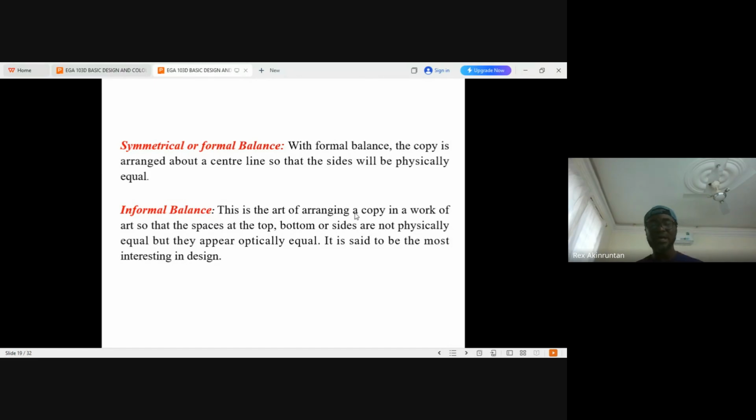But in a situation where, on the same jacket, one side is red and the other side is white, when you look at these two colors from a visual point, not in terms of physical points where you hold or touch, you notice that red constitutes more weight than white.